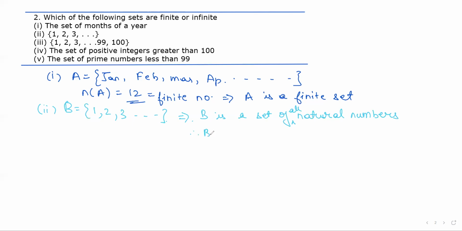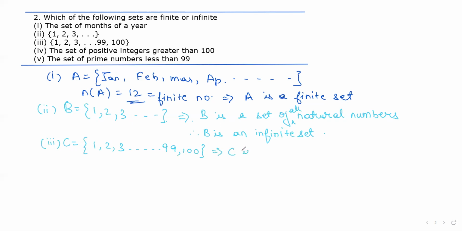Therefore, B is an infinite set. Next, 1, 2, 3 till 9900. So C is a set of elements which are ending somewhere.